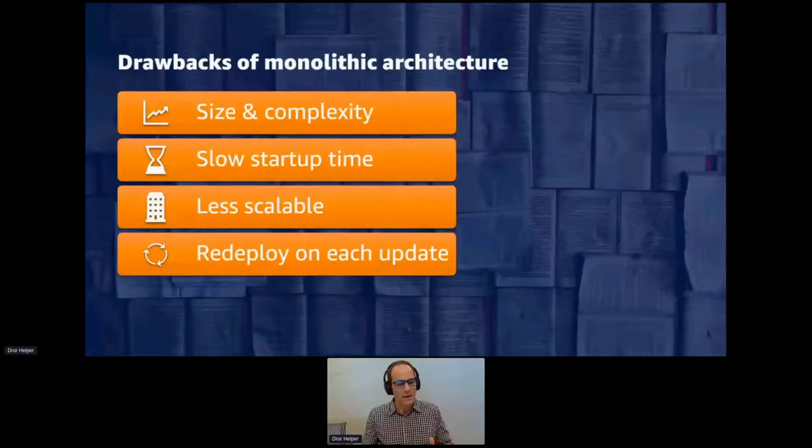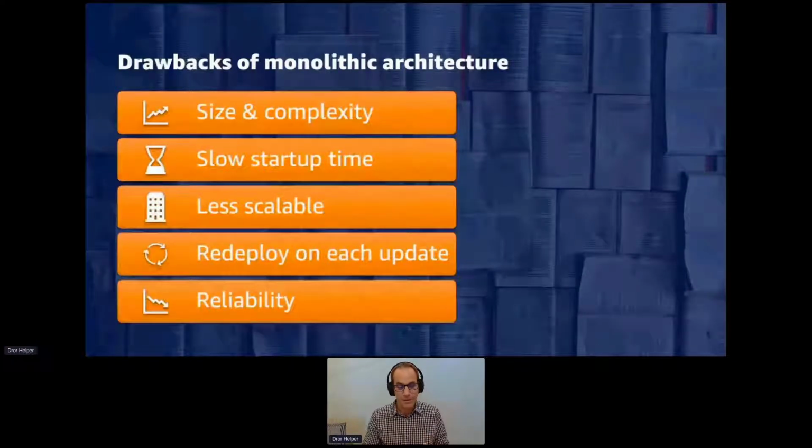Combined with the slow startup time, it means that your clients suffer more and more as your code base grows. And finally, there's the reliability issue. When something breaks inside your monolith, the whole server goes down. And if you run out of memory or disk space or anything, then your users start to notice.